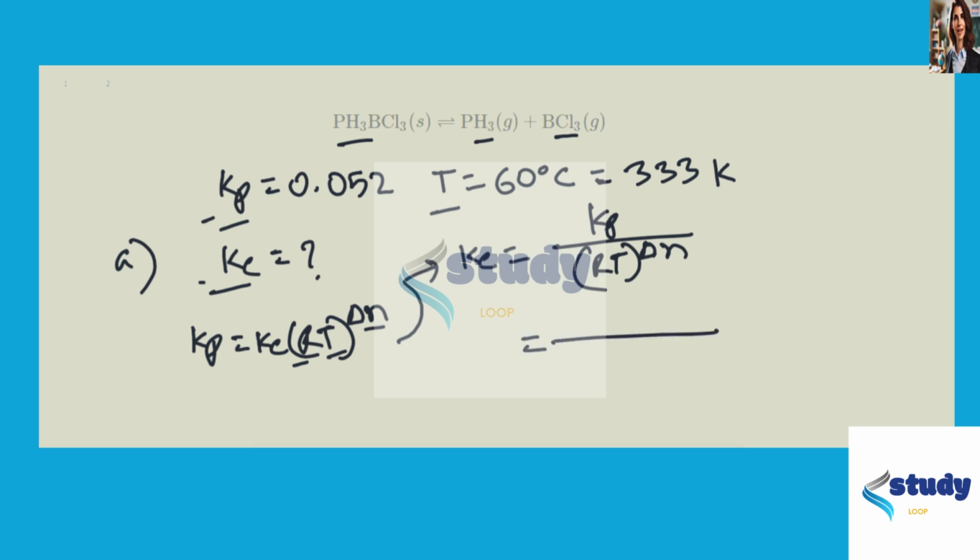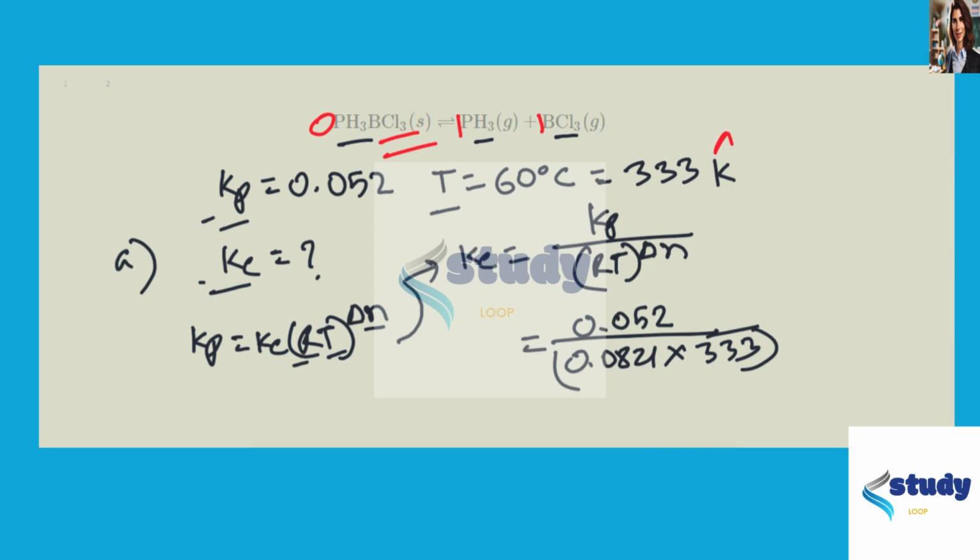And if we just plug in the values, the value of Kp is 0.052, R is the universal gas constant 0.0821, times the temperature 333, for del n. The value of del n here will be, in product side we have two gaseous molecules, 1 plus 1, and in reactant side we have 0 gaseous molecules since the reactant is a solid.